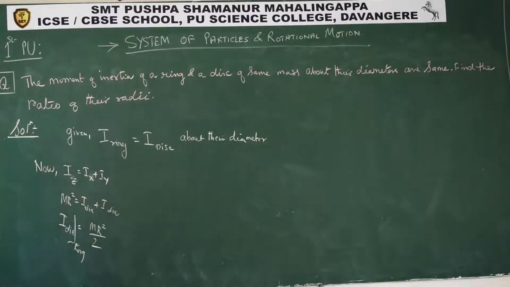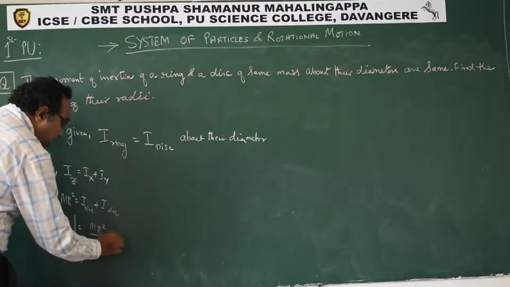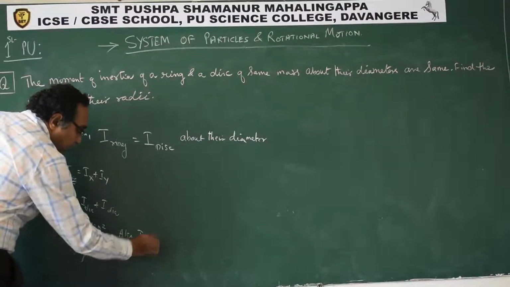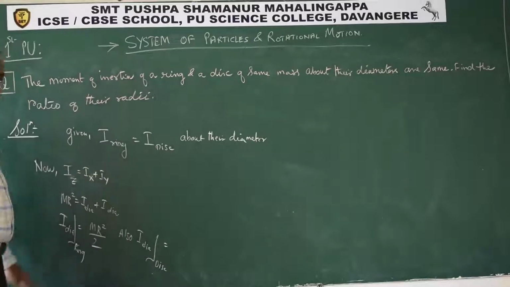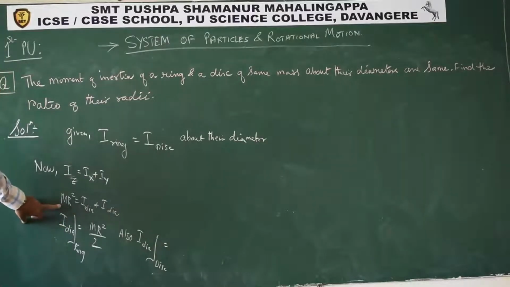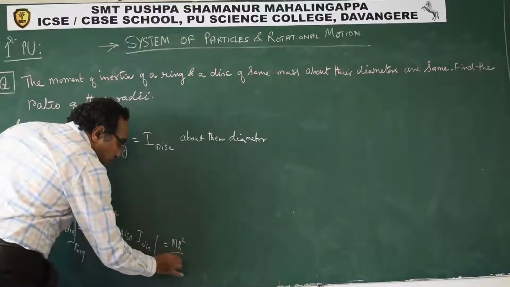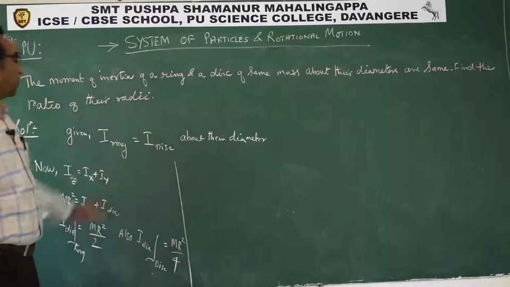Same thing we will do for disc. I dia for disc, this will be mr square by 2 about the center and by 4. So this is mr square by 4. This is what we get. So now let us pass on here.